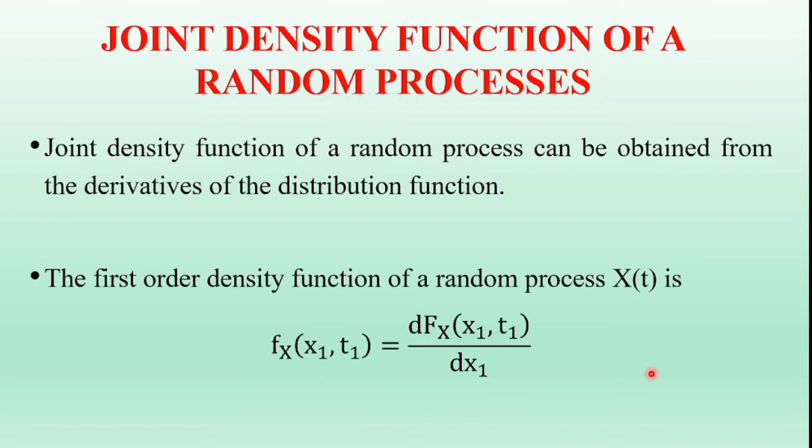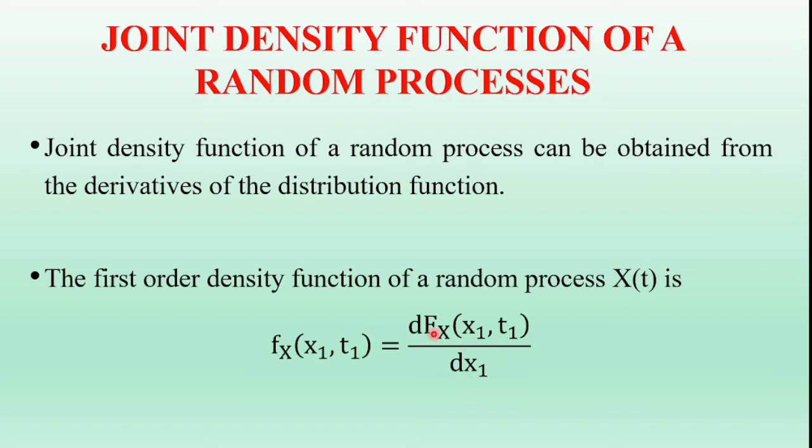So the first order density function of a random process x of t is denoted symbolically by small f suffix x of x1 comma t1, and it is given by fx of x1 comma t1 is equal to d by dx1 into capital Fx of x1 comma t1.